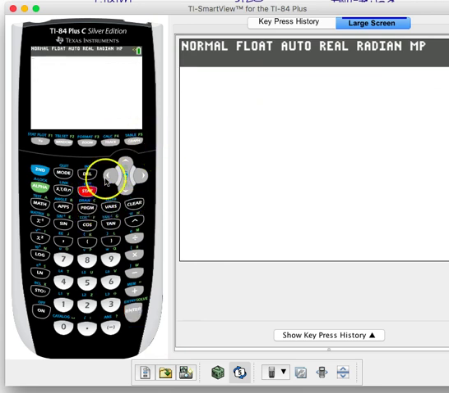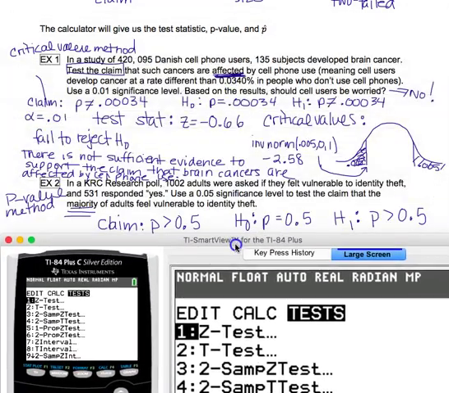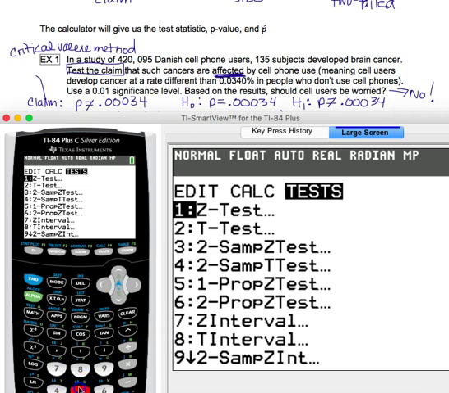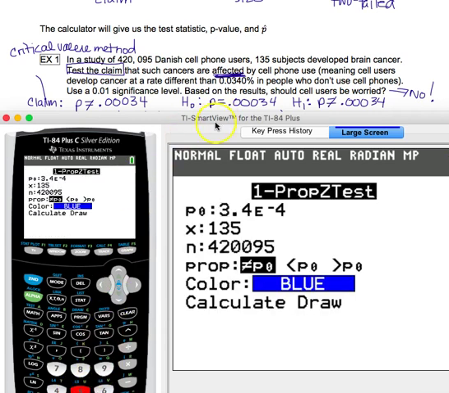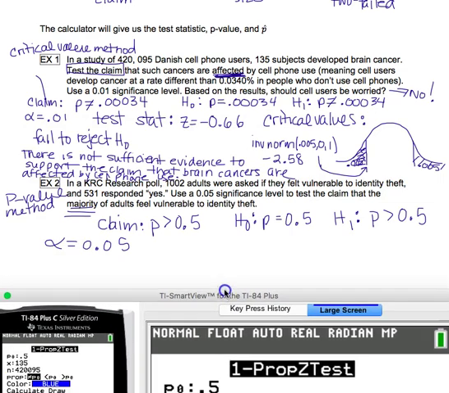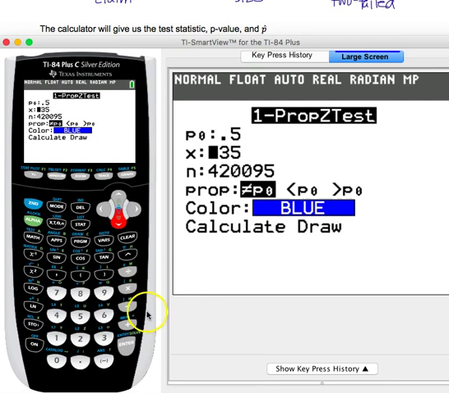So clear that, stat, tests, and choice 5 again. My p sub 0 this time is 0.5. My x value is 531.